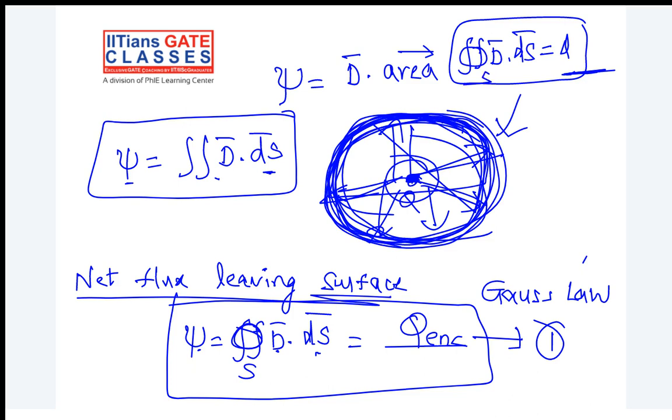Yes, sir. Sir, can you just dictate that Gauss law statement? Okay, I will write it down here. What does the Gauss law say here? The net electric flux through any closed surface is equal to the charge enclosed in it.